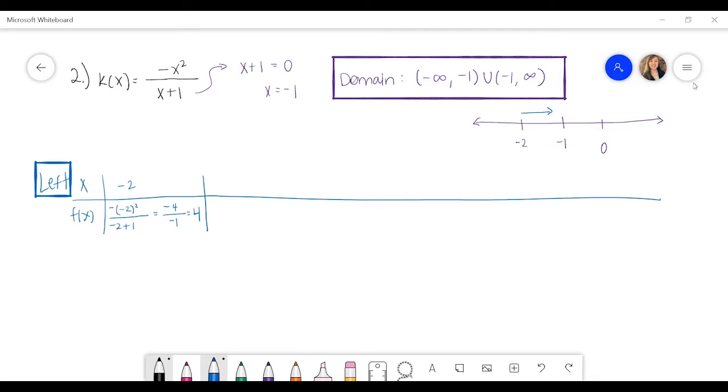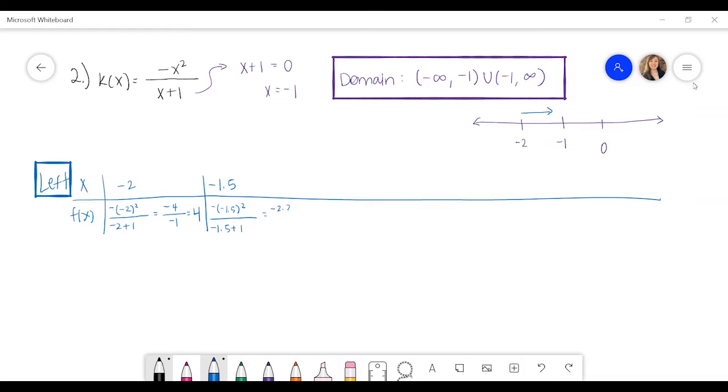And then we've got, let's try negative 1.5. See how I said negatives always, it's helpful to see, negative 1.5. So negative 1.5 squared and negative 1.5 plus 1. So negative 1.5 squared, this is going to be ultimately negative, right?